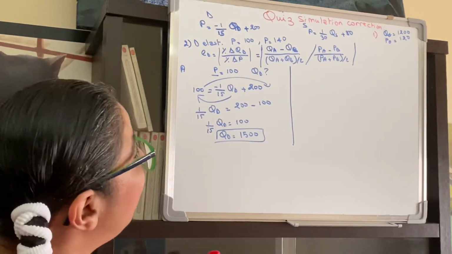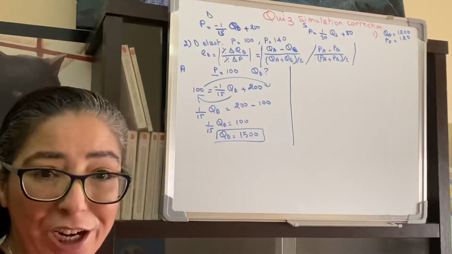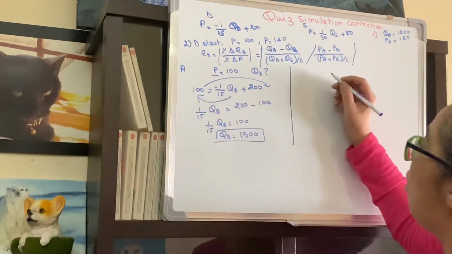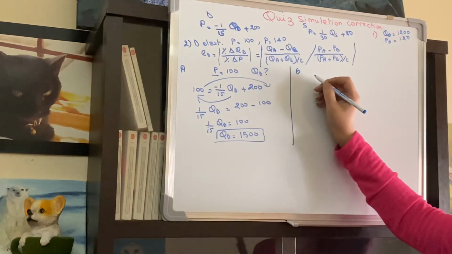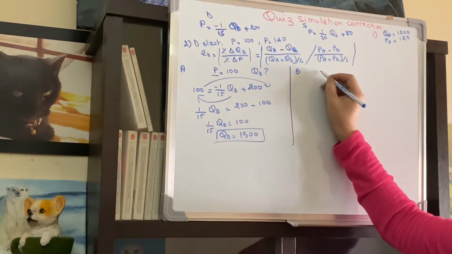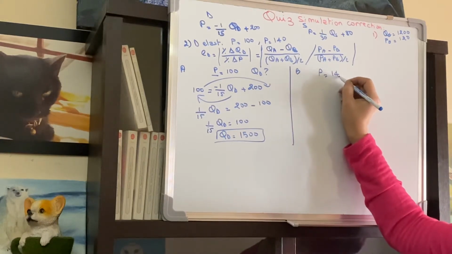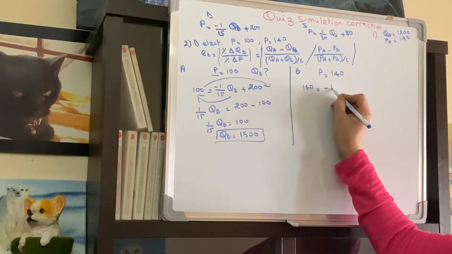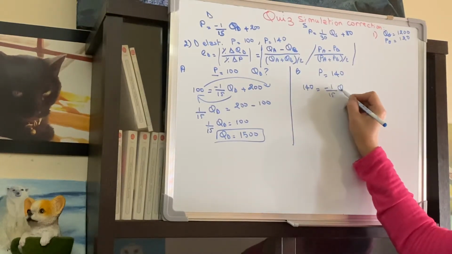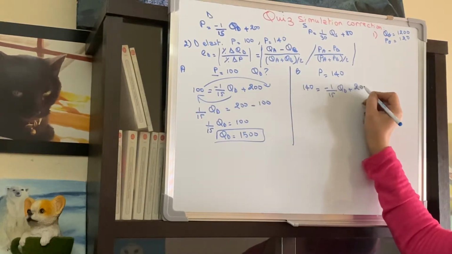Okay, now I'm going to do the same thing for price 140. I'm going to call this one point B. It's easier to write that way, but anyway. So if price is equal to 140, I'm going to do exactly the same thing. So 140 is equal to minus 1 over 15 QD plus 200.